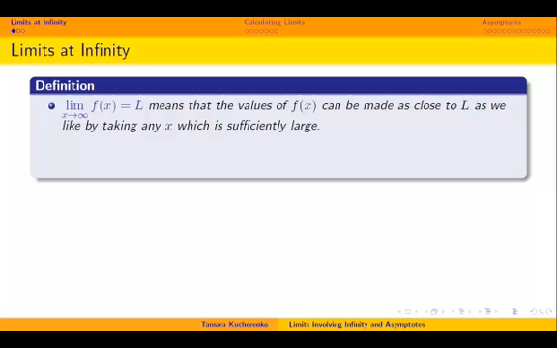This number is called the limit of the function at infinity. To be precise, limit of f of x as x approaches infinity equals L means that the values of f of x can be made as close to L as we like by taking any x which is sufficiently large.